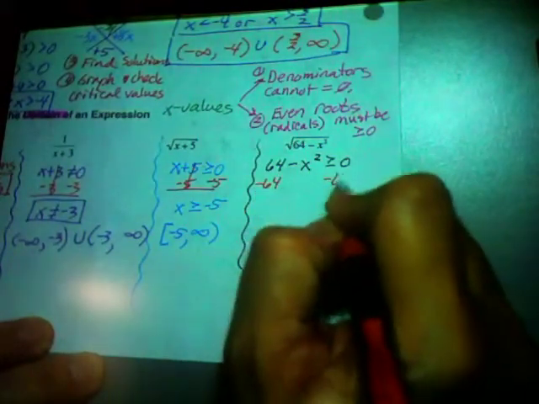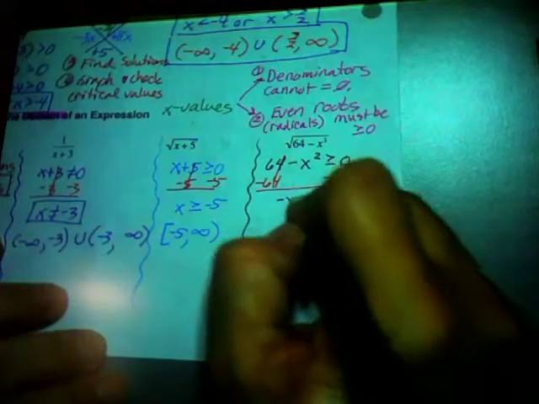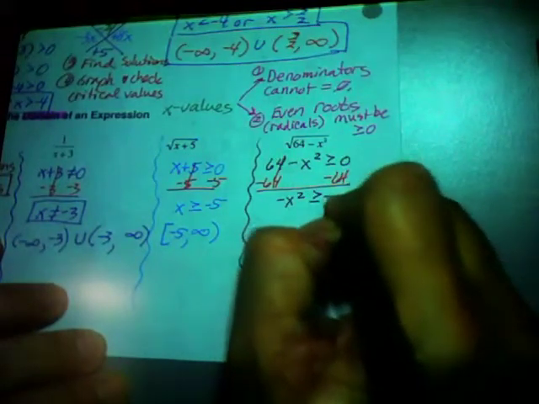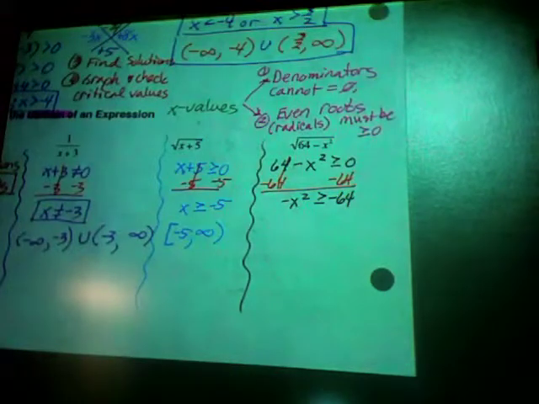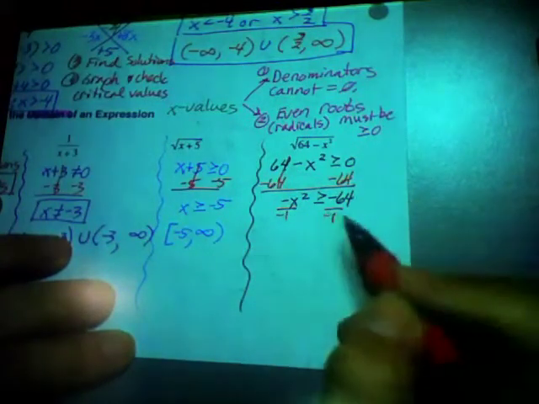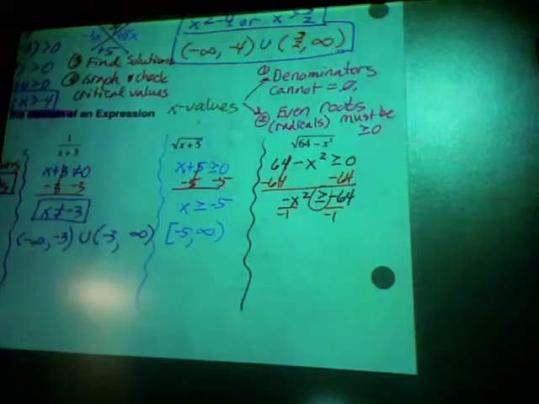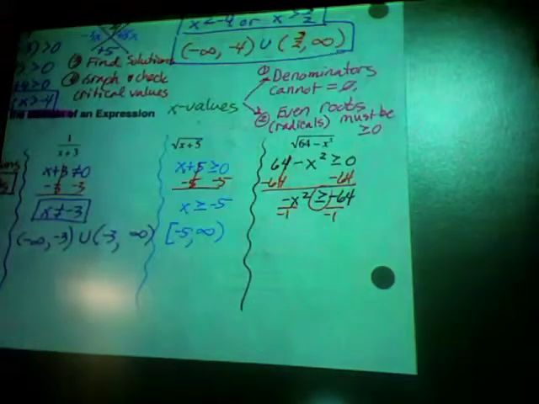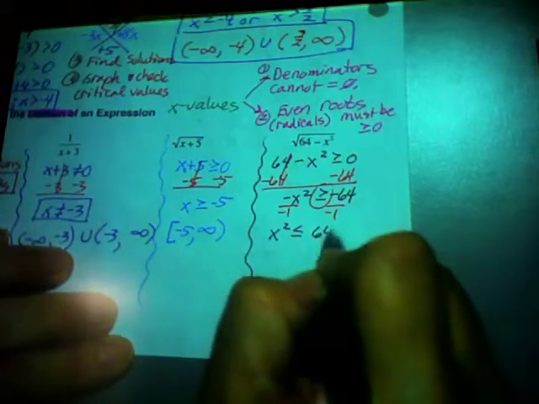So when I subtract 64, I have a negative x squared greater than or equal to negative 64. Can I take the square root of both sides the way it is? No. So I have to divide by -1. When I multiply or divide across the inequality, what do I have to remember to do with the inequality sign? Flip it. So I've got x squared is less than or equal to positive 64.